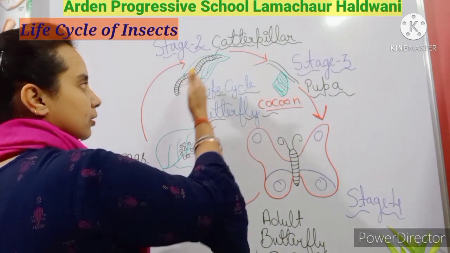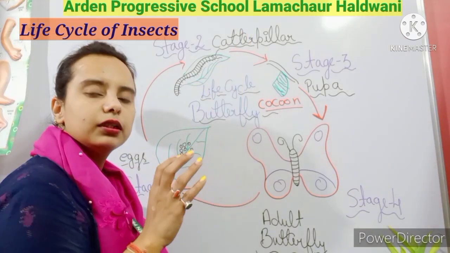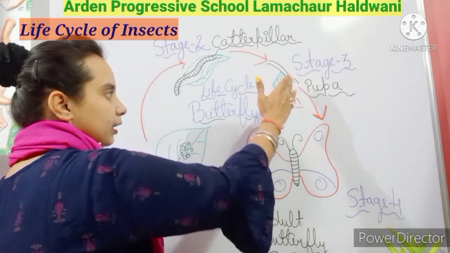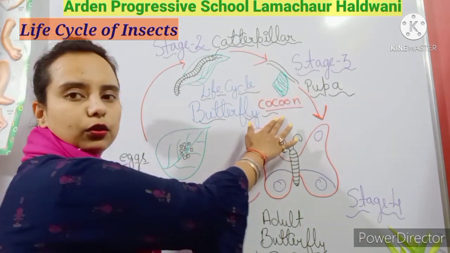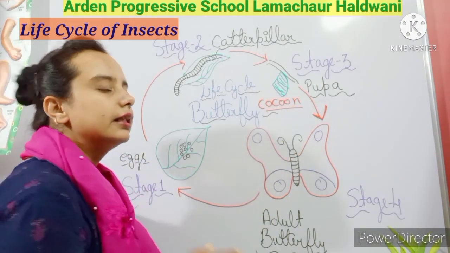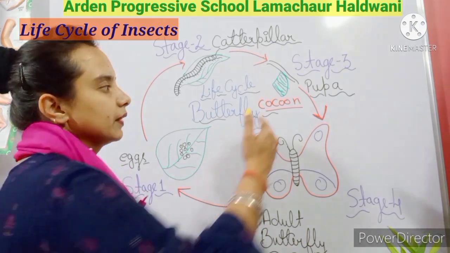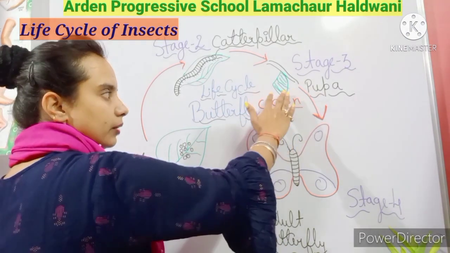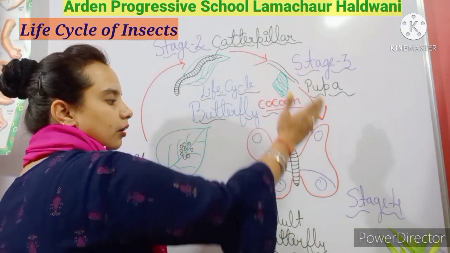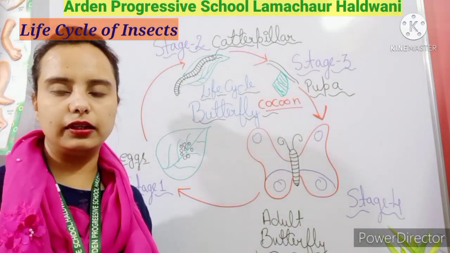Then, when it grows into a developed, big caterpillar, it covers itself in a cocoon. In this stage they live for 2 to 3 weeks. Then they come out from this cocoon, which is a hard shell structure, and they become an adult butterfly.